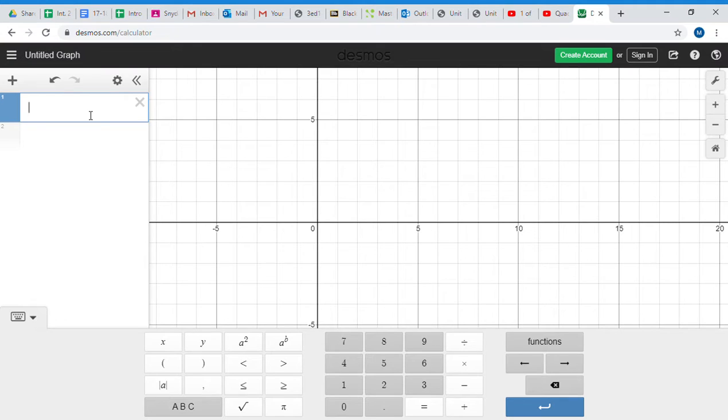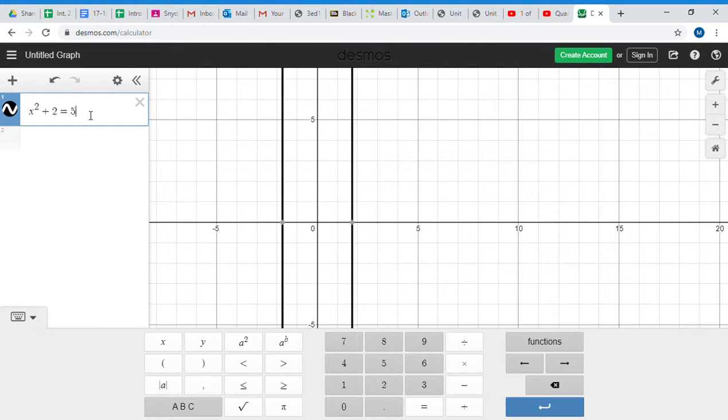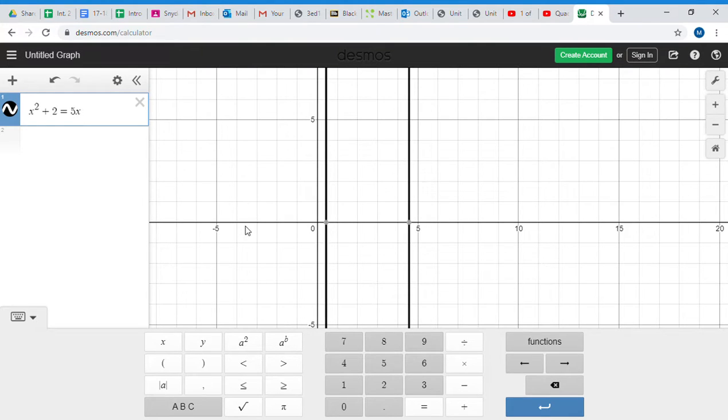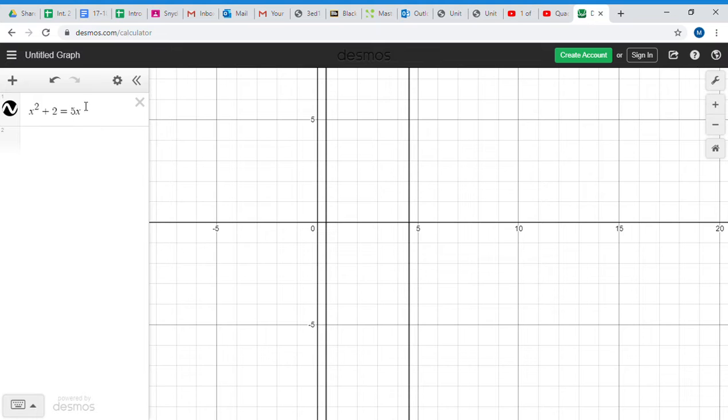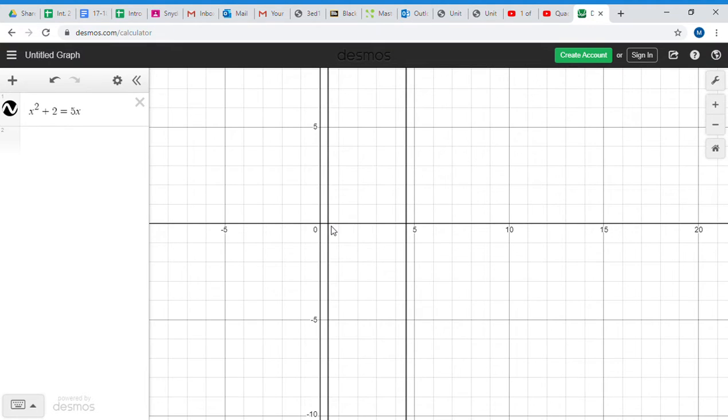Second problem was x squared plus 2 is equal to 5x. Now, what's great is, again, here, I don't need to put it in standard form in order for me to find the solutions. I can still find the solutions at 0.438 and 4.56, sorry.